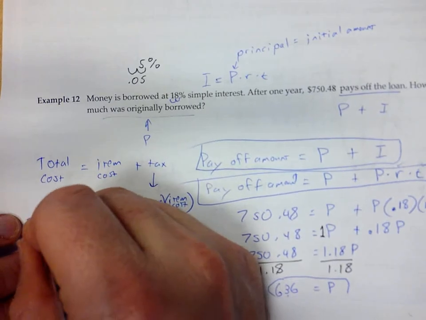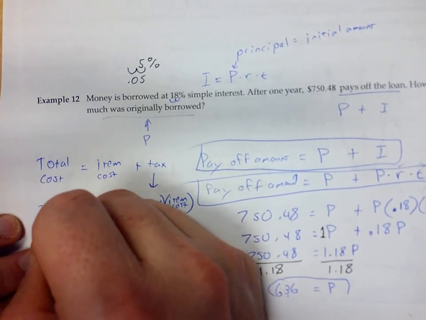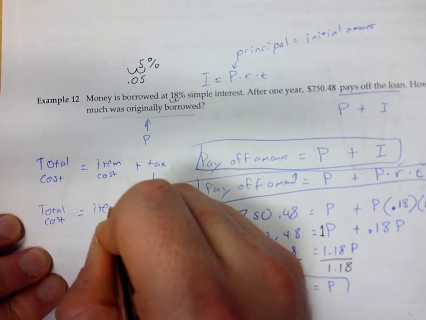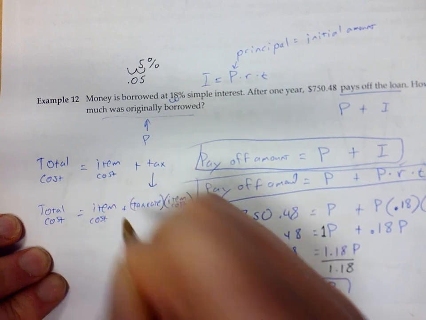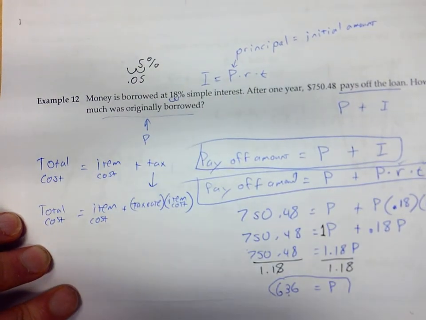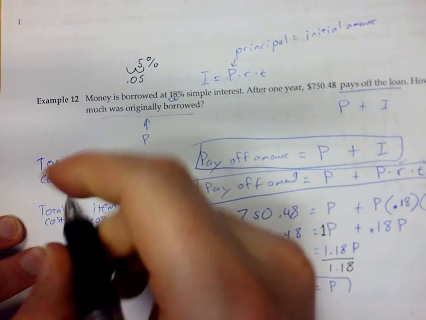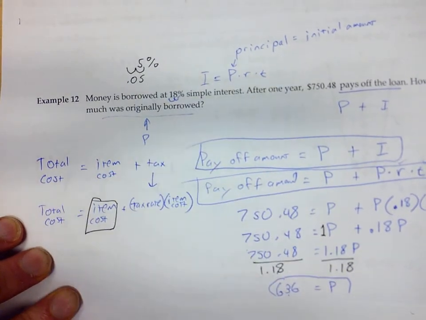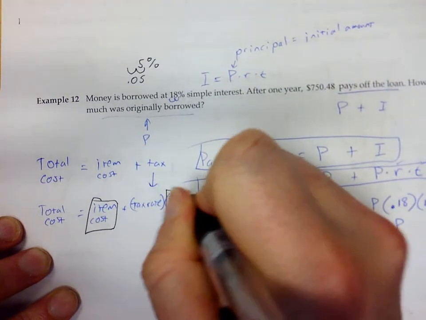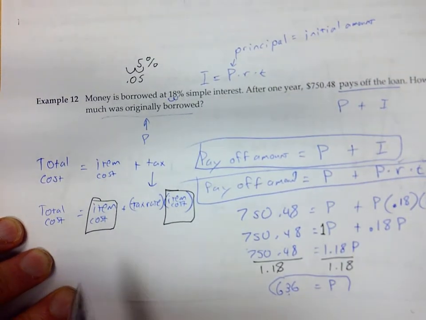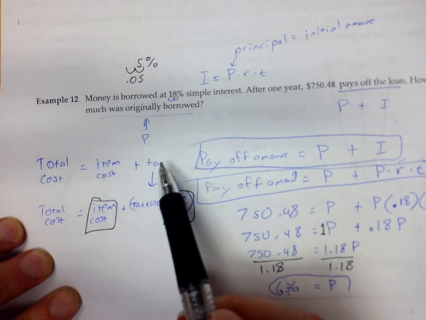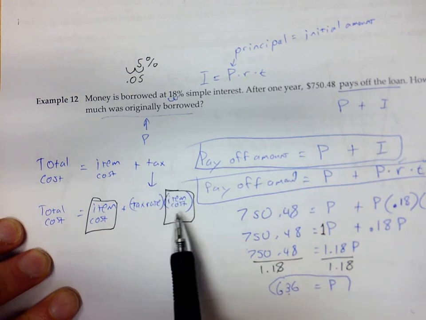So if I carry down this stuff, you see that this is the same type of situation where we've got a repeat here. We've got the item cost over here, right? And you've got the item cost over here. Because when you're buying something, you're paying for that cost, and tax is calculated by multiplying the rate by that cost.